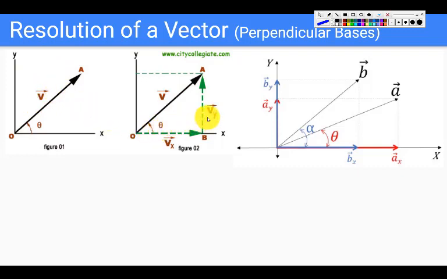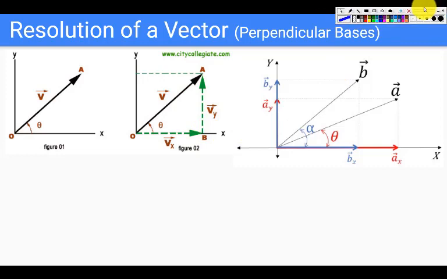The most commonly used case is when we want to resolve the vector into perpendicular components. What do I mean by that? I want to resolve v such that its components are perpendicular to each other. Let me write it out for you.